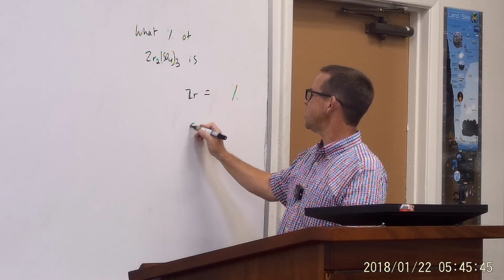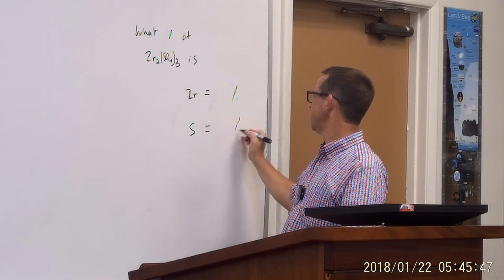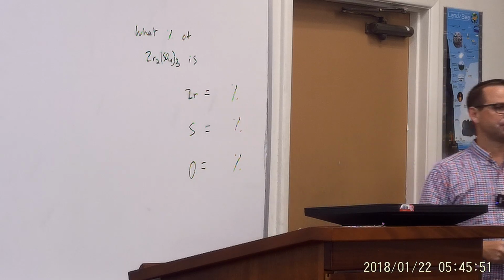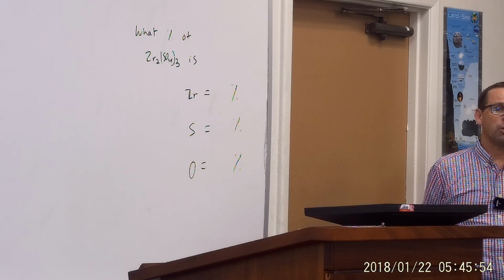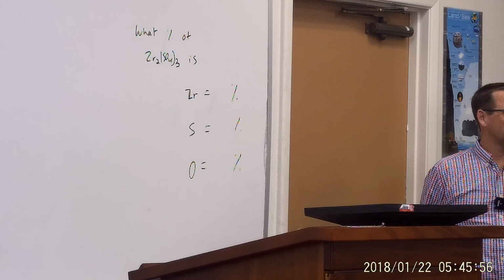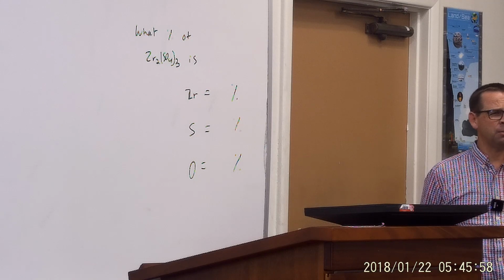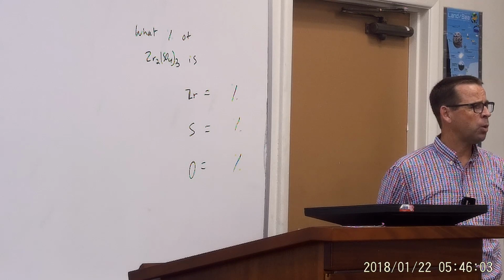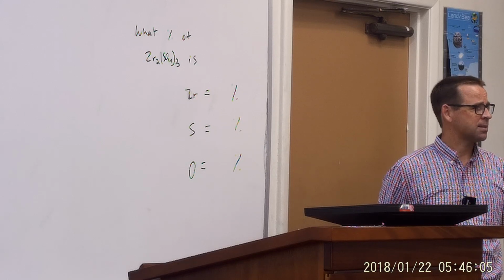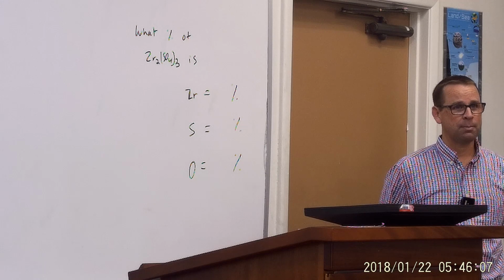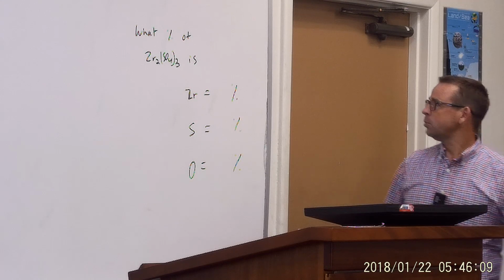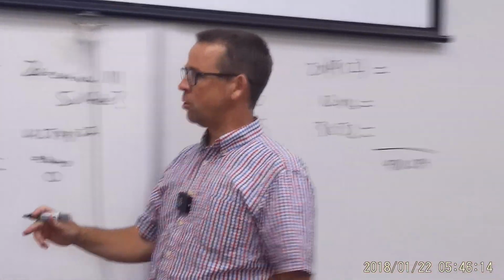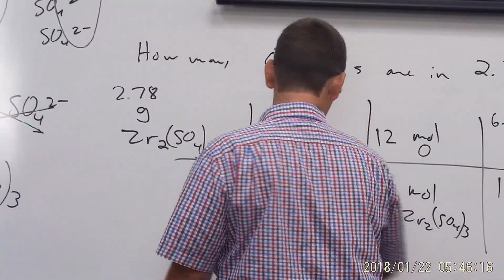And what percentage is sulfur? And what percentage is oxygen? Okay, now when we ask this, what units are we thinking about when we say what percentage is it? We're talking about what? Mass, not moles, right? Mass. So, again, 1 whole zirconium-3 sulfate is 470.639.